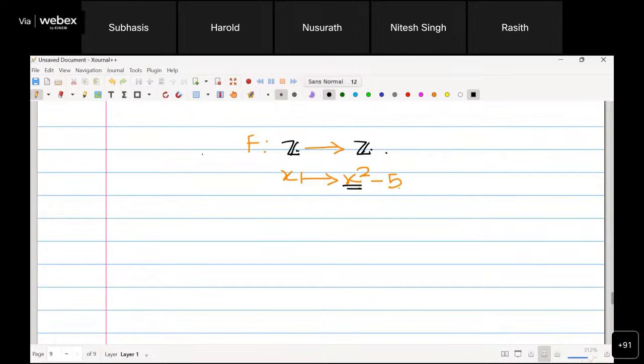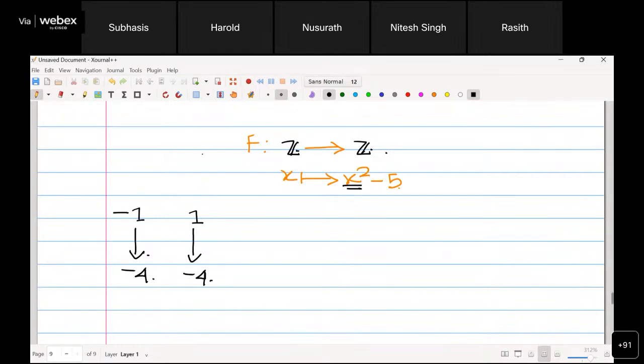Because when you have a square, minus 1 and 1 will go to the same thing, right? If I take minus 1, what will I get? Minus 4. If I take 1, then also I will get minus 4. So this can't be injective.